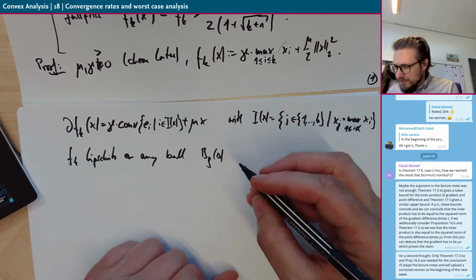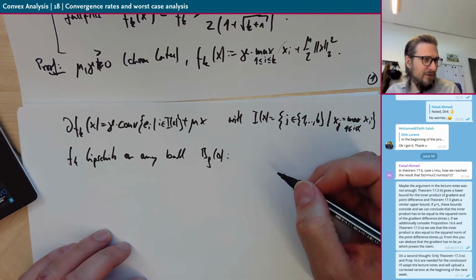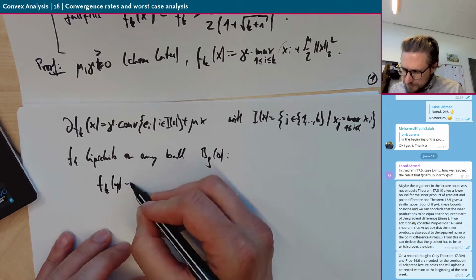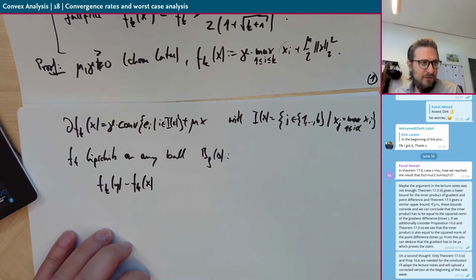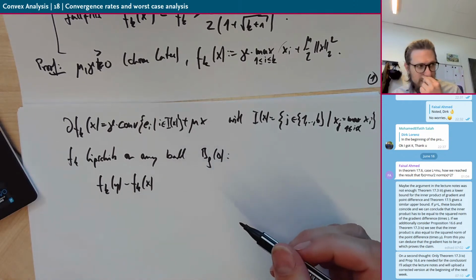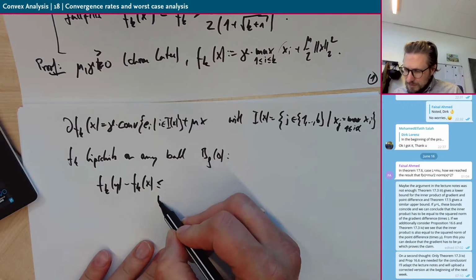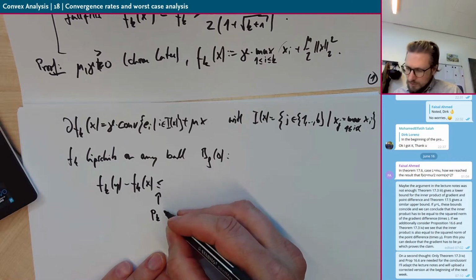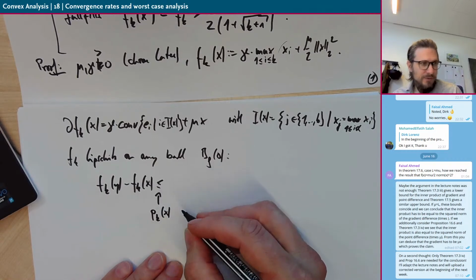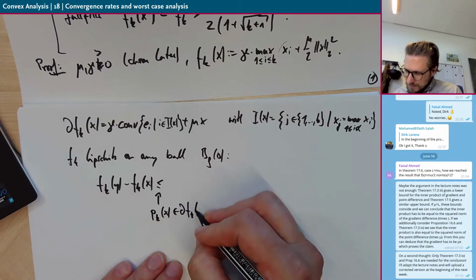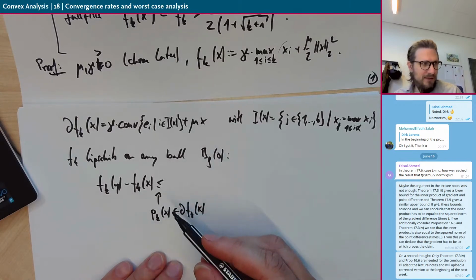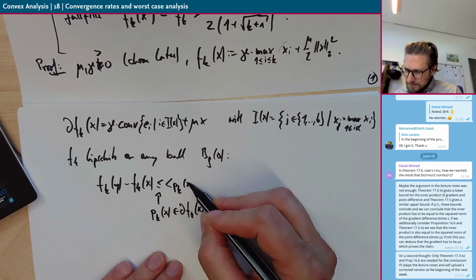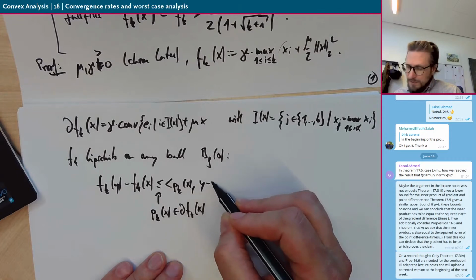There's the calculation here. So we calculate the Lipschitz constant here. For a Lipschitz constant, we should consider the difference of function values and estimate it. And what we do is, by a subgradient inequality, if we have some pk of x, which should be a subgradient of fk at x, then we can use the subgradient inequality here and say it's bounded in this direction, like pk of x times y minus x.